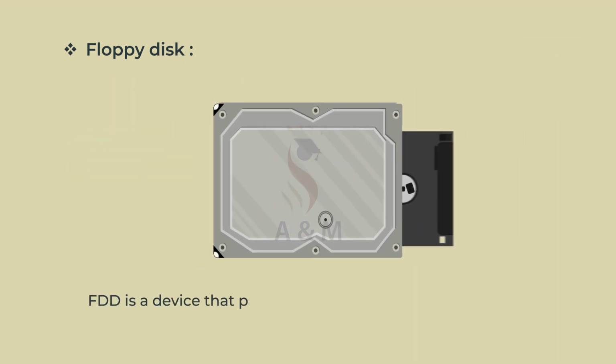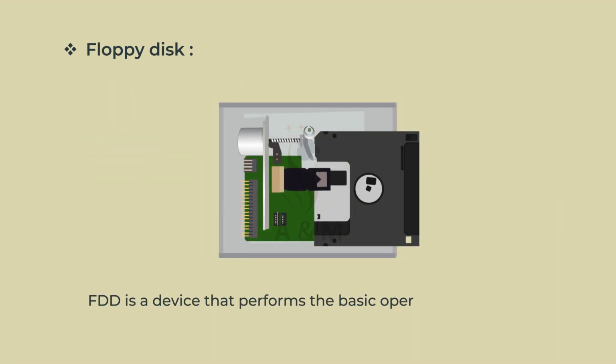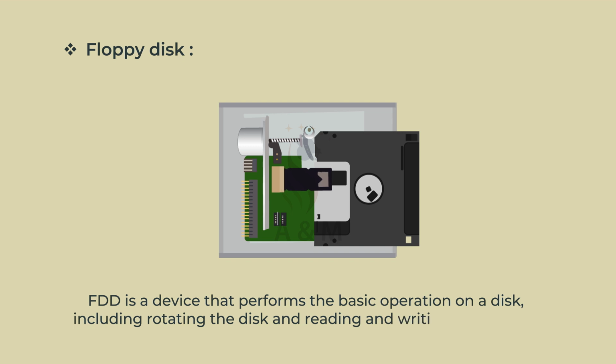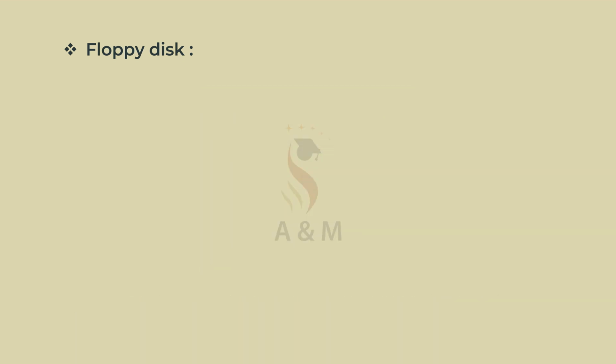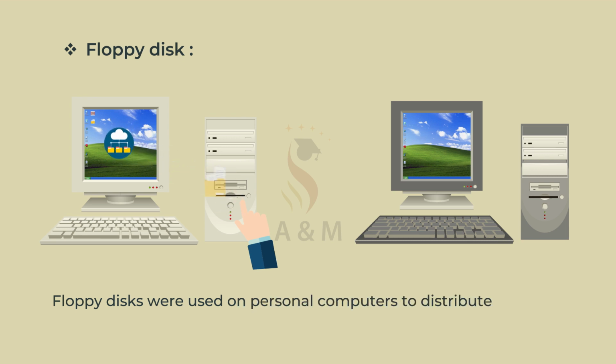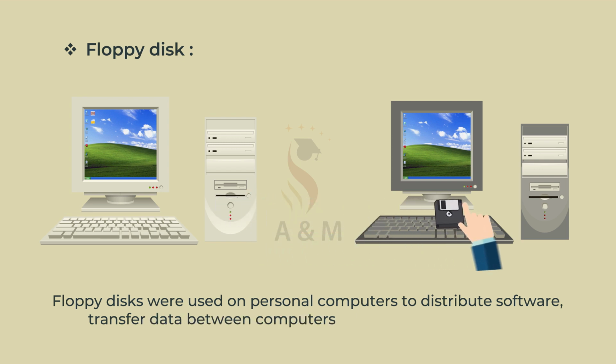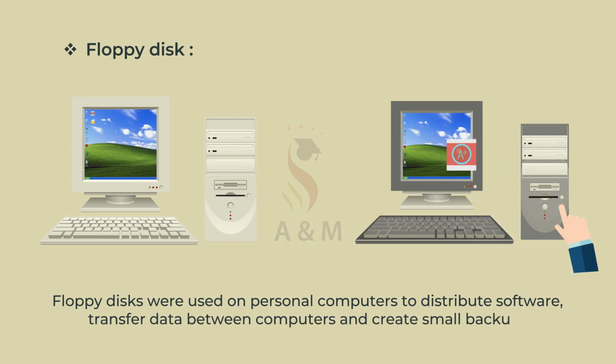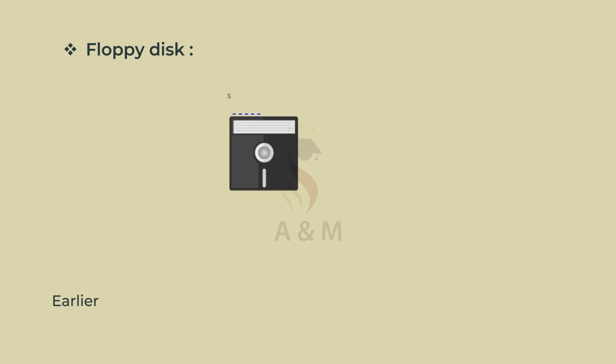FDD is a device that performs a basic operation on a disk, including rotating the disk and reading and writing data onto it. Floppy disks were used on personal computers to distribute software, transfer data between computers, and create small backups. Earlier, 5.25-inch floppy disks were used.